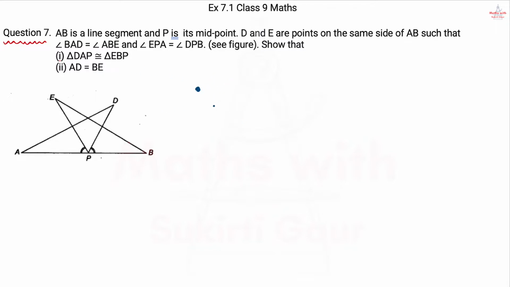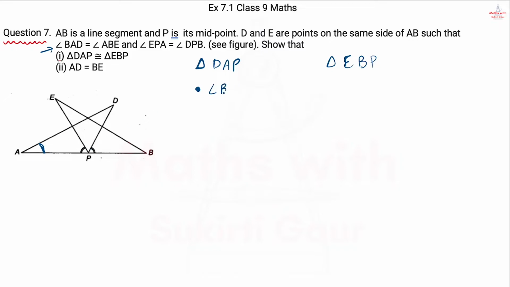First thing which I can take common in both of these triangles. Let us also write the triangles we want to prove congruent, triangle DAP and triangle EBP. So what do we do? We take some parts common out of these two triangles and then we say with the criterion that they are congruent to each other. So the first thing which is common is angle BAD, which is from triangle DAP.